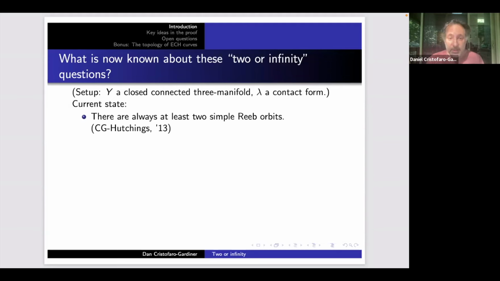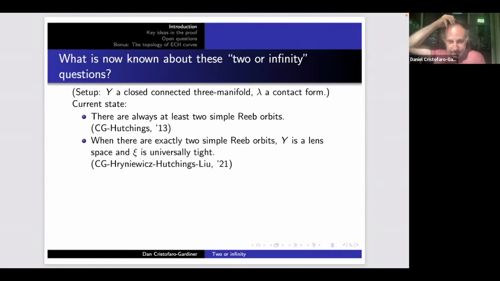Well, first of all, there are always at least two simple Reeb orbits. This word simple, I'm just putting it so that we don't have to worry about multiply covered orbits. Technically, once I have one Reeb orbit, if I take its multiple covers, I get infinitely many.